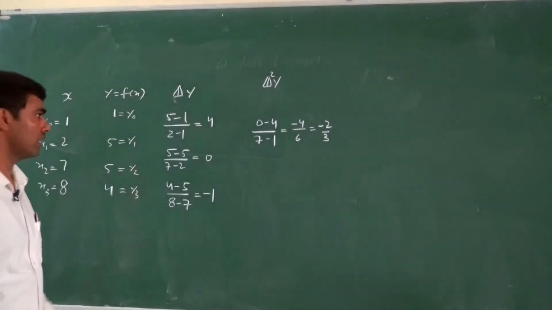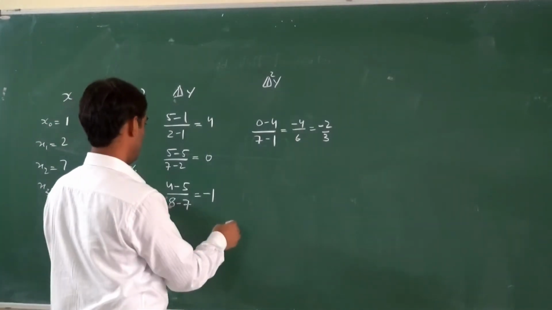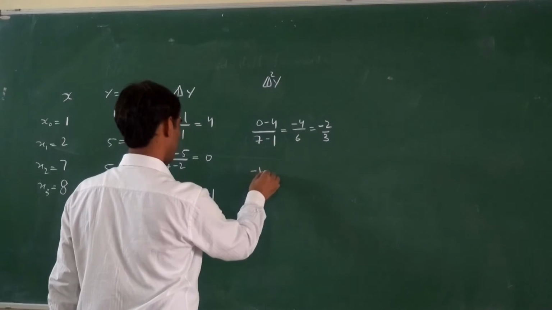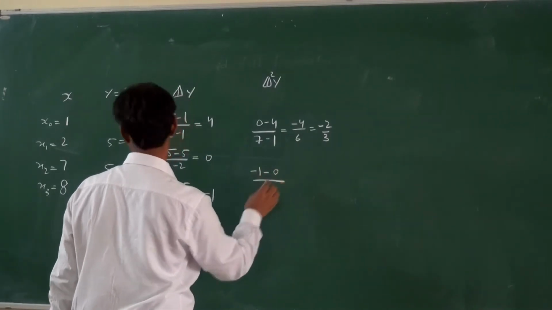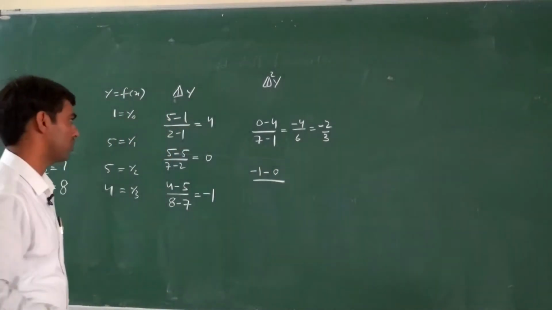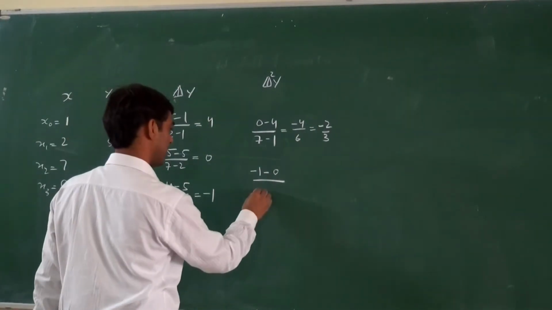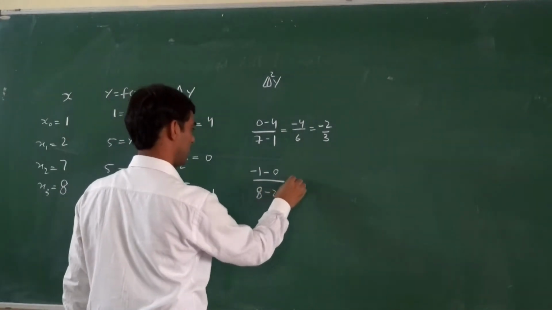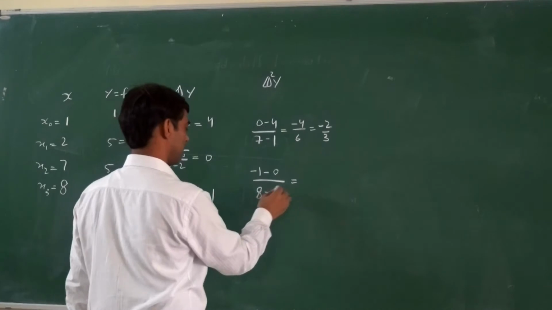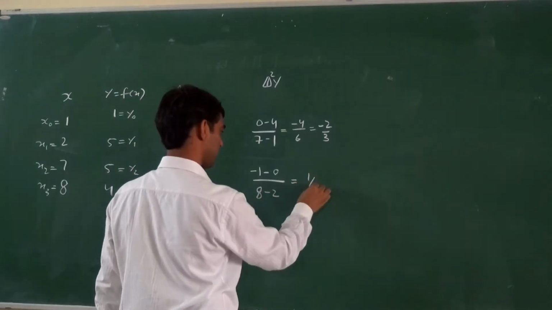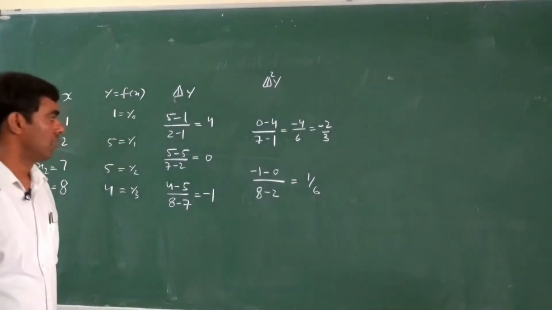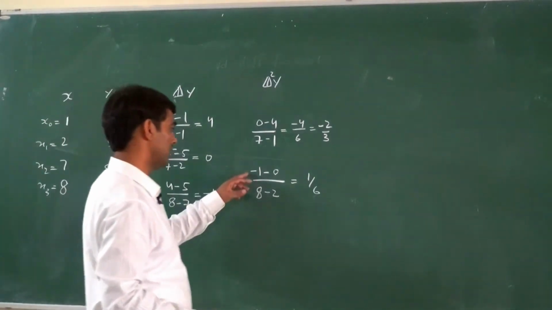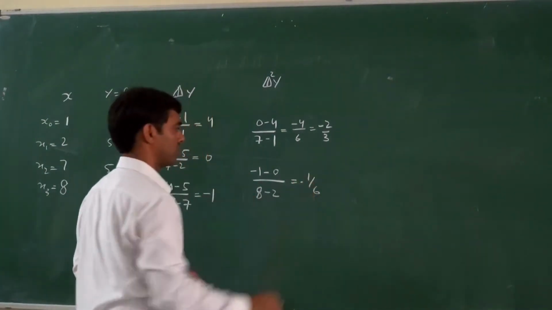And what is the next one? Minus 1 minus 0 divided by 8 minus 2. 8 minus 2 is 6, so this one is minus 1 by 6.